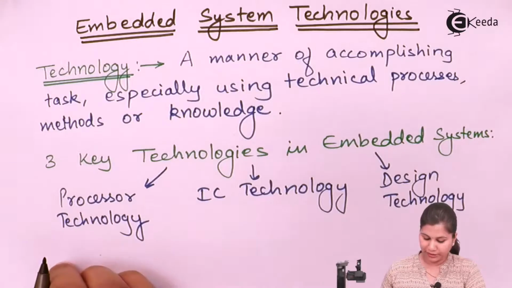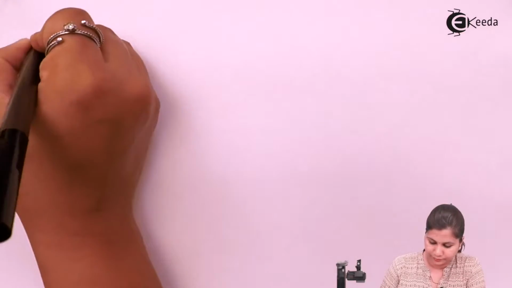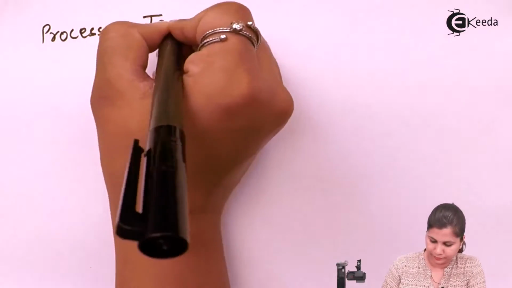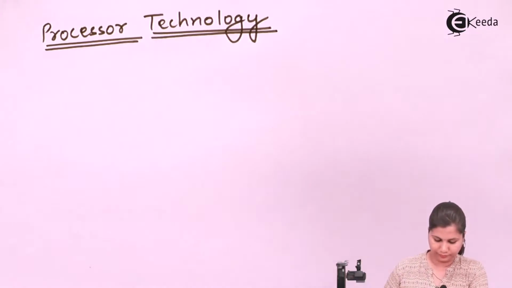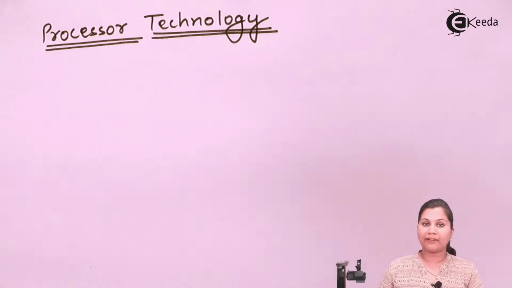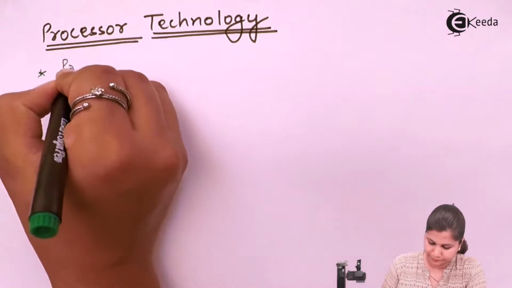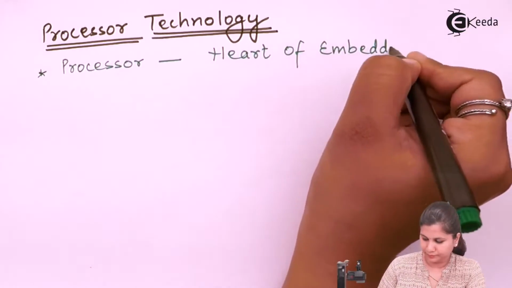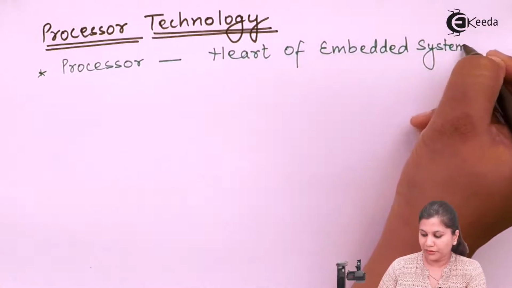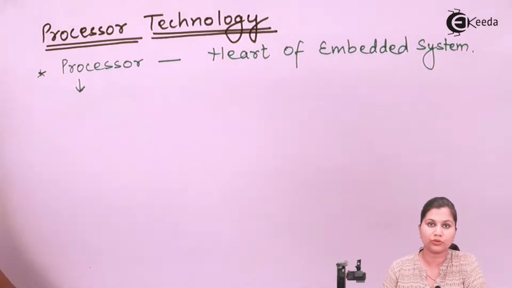First, we will start with the processor technology. As I have already said, the processor is the main part, the heart, of the embedded system. The function of the processor is to do all types of processing and operations and to control those operations.